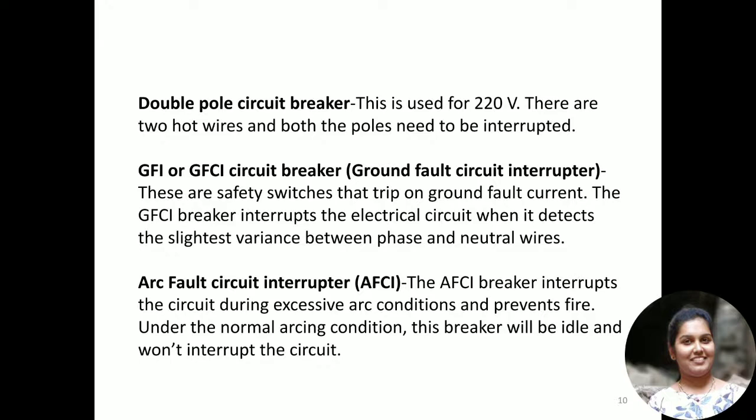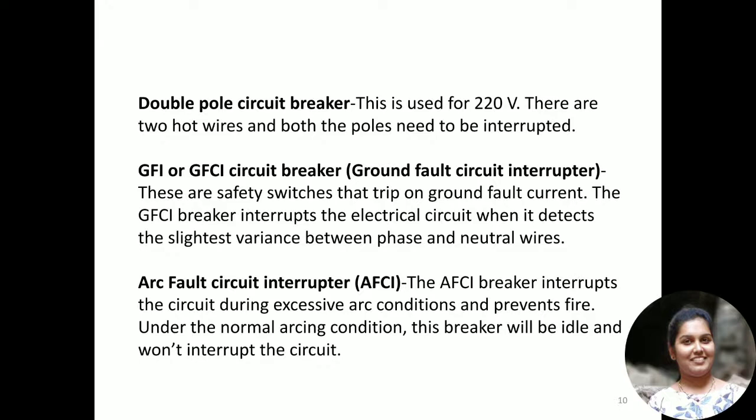So these are the different types of circuit breakers which are defined and classified based on the interrupting mechanism. Till now we have been discussing the different types of circuit breakers. First is based on voltage, next based on installation location, next external design, and the interrupting mechanism.